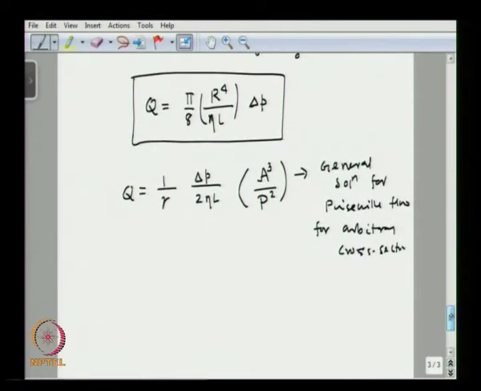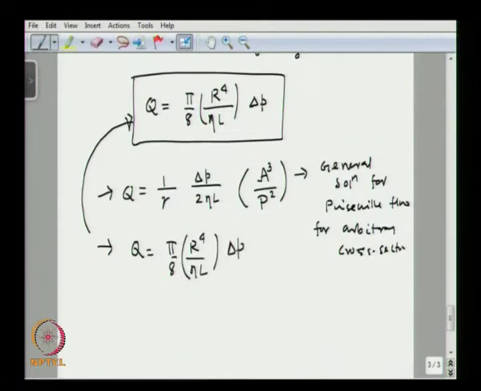If you apply this to a circular cross section, you would get exactly the same expression as here: Q equal to pi by 8 R to the power 4 over eta L into delta P.